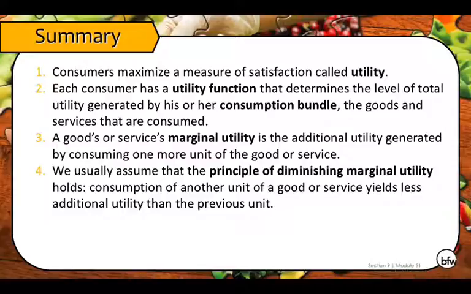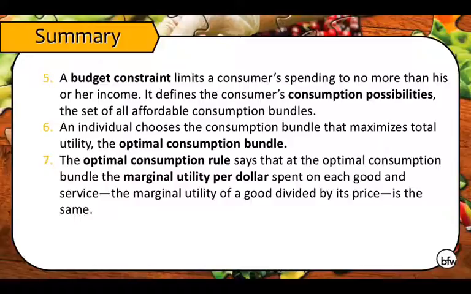A good or service's marginal utility is the additional utility generated by consuming one more unit of the good or service. We usually assume that the principle of diminishing marginal utility holds true in all situations, that consumption of another unit of a good or service yields less additional utility than the previous unit.